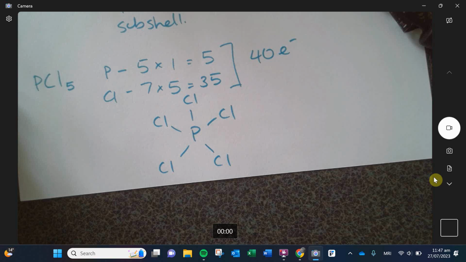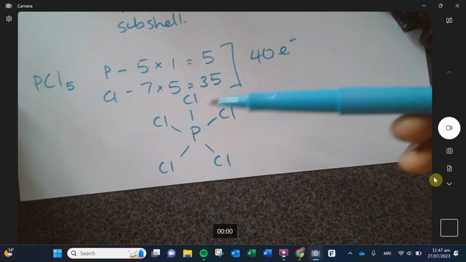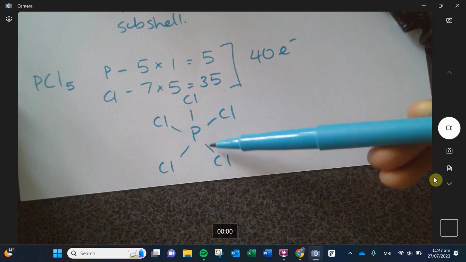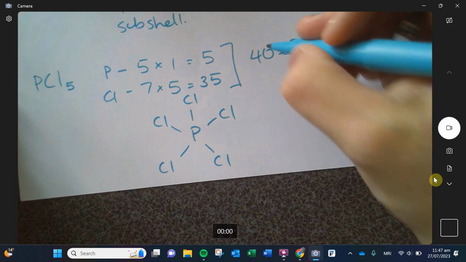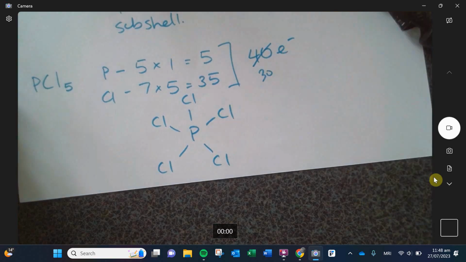Anything beyond silicon can have more than 8 electrons. Anywhere between 8 and 12 will still work for phosphorus. So phosphorus is stable in lots of different conditions. That's why it's such a good building atom. So 2, 4, 6, 8, 10 is what has been used. So I'm now down to 30.